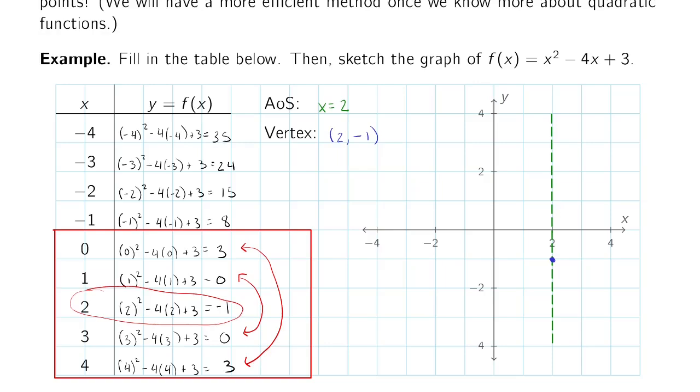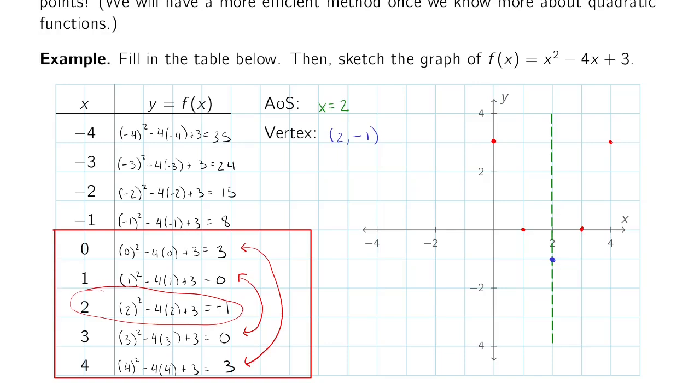And then on either side of the vertex, I have 1, 0, and 3, 0. I have 0, 3, and 4, 3. And then any further points from my table are going to extend off the graph, so I can't draw those.